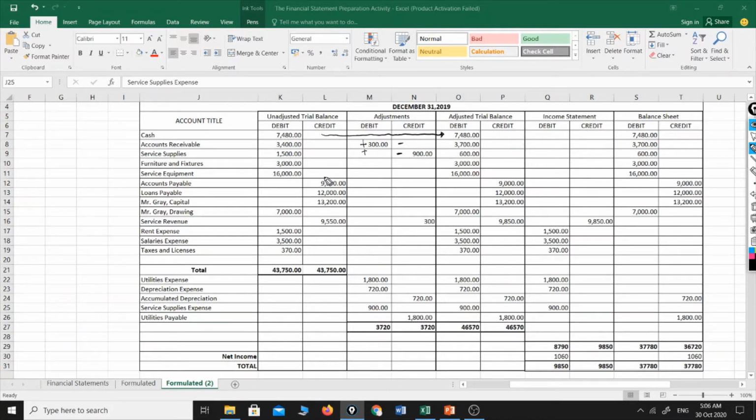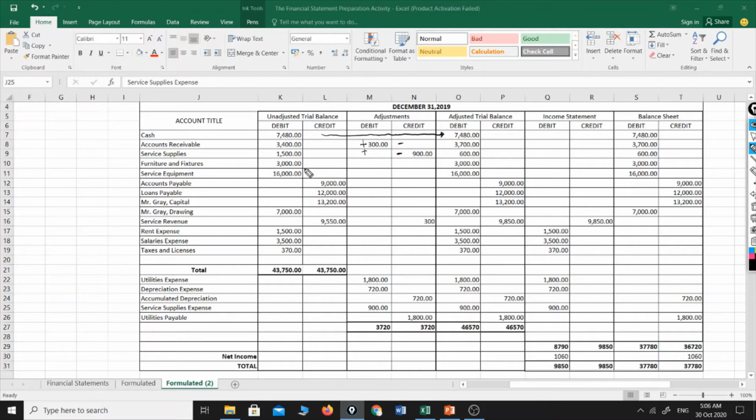So if you are asking whether it should be on the debit column or the credit column, as you can see, the debit side is higher. The amount for the debit side is 1,500, while the amount of the credit side is 900. So we will follow which side has the higher amount.